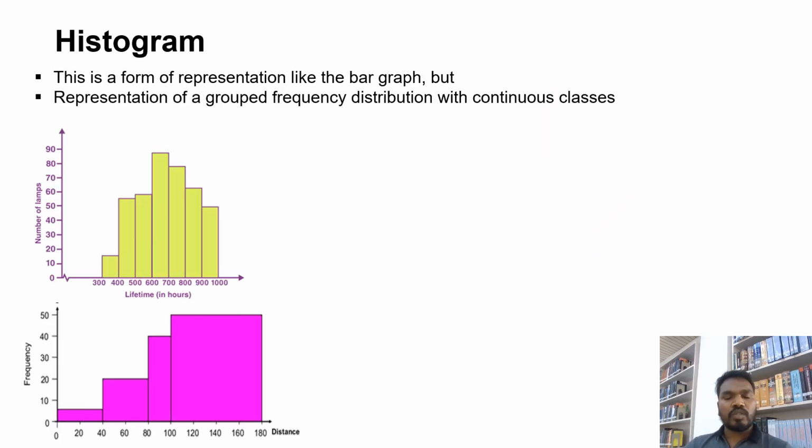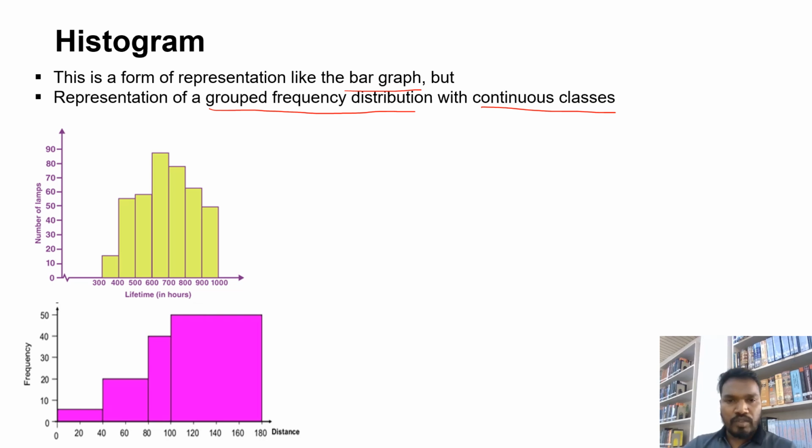Histograms are also a form of representation like bar graphs. But the only difference is histograms are used to represent data of a grouped frequency distribution with continuous classes.